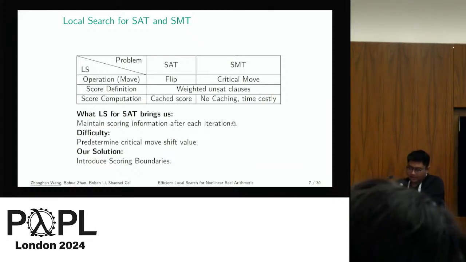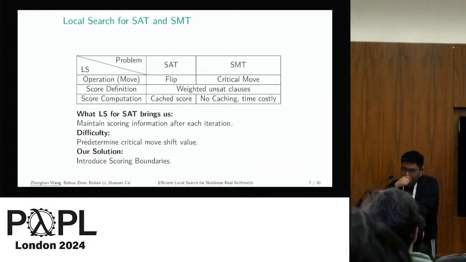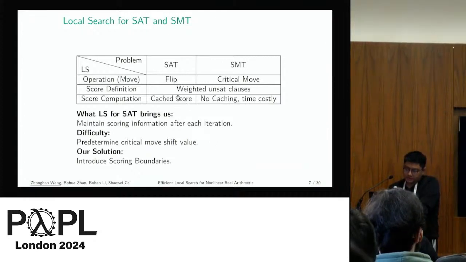And the third one is a new scheme, a new innovation that we introduced for SMT solving. If you are familiar with local search in SAT solving, you know that in SAT solving, the score of flipping a Boolean variable is cached before the step is moved.